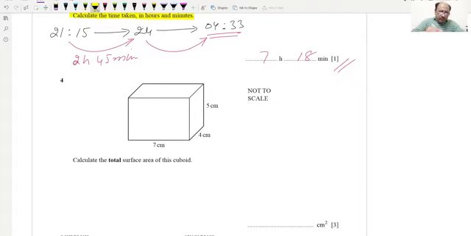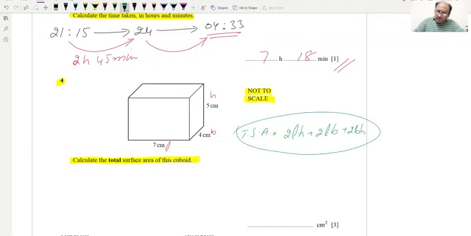Then question number 4, it says the diagram is not to scale. Calculate the total surface area of this cuboid. So we can take this side as length, this side as breadth, and this side as height. So what is the formula? The total surface area of a cuboid will be equal to 2 into LH plus 2LB plus 2BH.